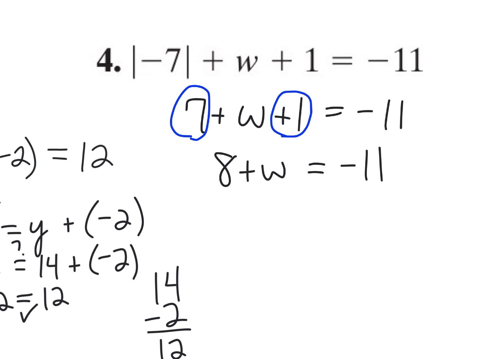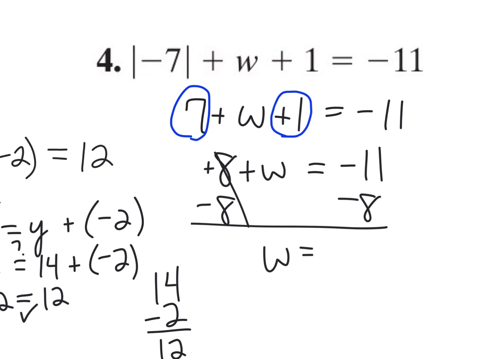Also at this point, since those are being added, 8 plus w, if you like the look better of w plus 8, you can switch it around, but if you can just deal with working with the problems in the order that they're in, that might be helpful for you as you go along. So they're adding 8. This is a positive 8, so we need to subtract 8 on both sides of the equation.